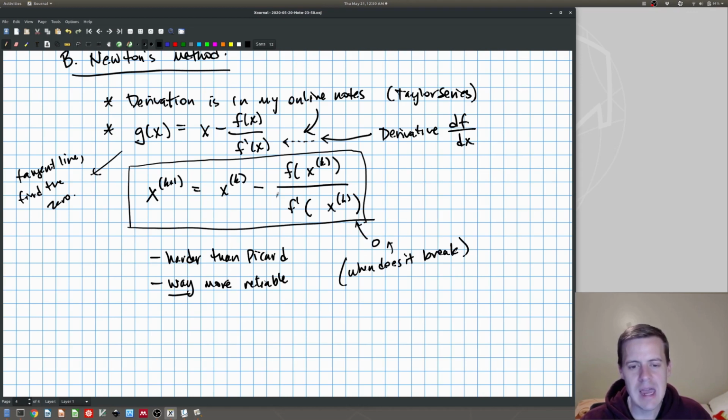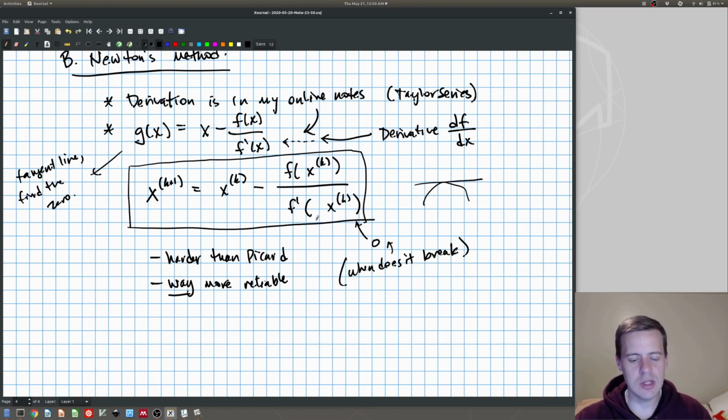If my derivative goes to 0, think about where that is. That's at local minima and local maxima, right? If I get one of those in here, that's going to give me a problem. That's going to send me shooting off to infinity to try and find my answer. So that's when this guy breaks. But other than that, it's pretty good.